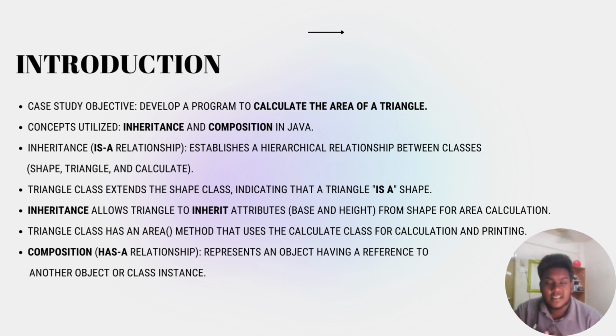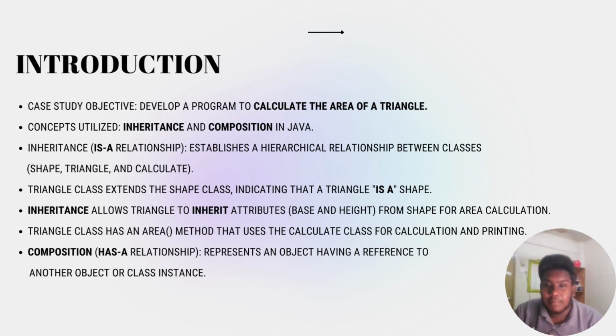The triangle class extends the shape class, indicating that a triangle is a shape. Inheritance allows the triangle to inherit the attributes base and height from the shape for area calculation. The triangle class has an area method to use the calculate class for calculation and printing. Composition is a relationship that represents an object having a reference to another object or class instance. And that's all for my part, sir.